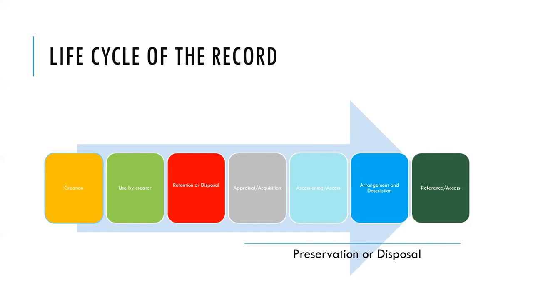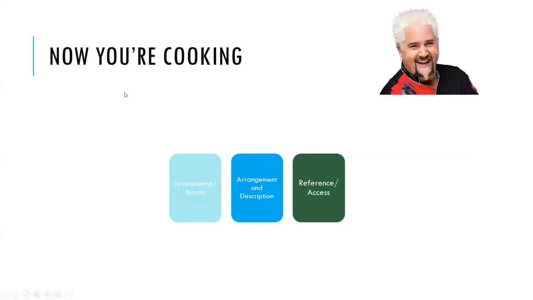So to talk a little bit more about how arrangement and description fits in with the traditional life cycle of the record, one that we've looked at a few times already in this course, we have arrangement and description here in the now you're cooking stage. So this is oftentimes the first major intervention or mediation that archivists have once the records have been determined to be archival and they're brought into the repository.